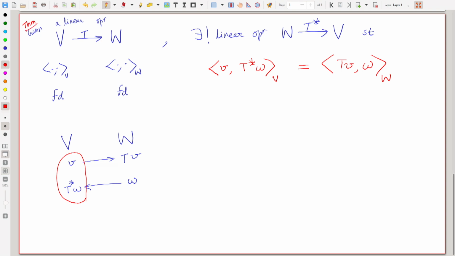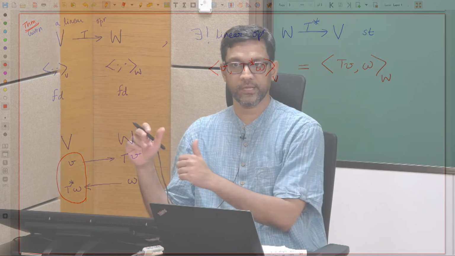The theorem says, given any linear operator between two finite dimensional inner product spaces, there exists a unique linear operator going in the reverse direction which satisfies a certain inner product equation.